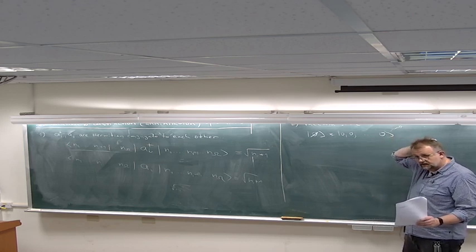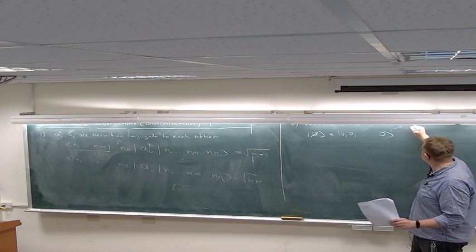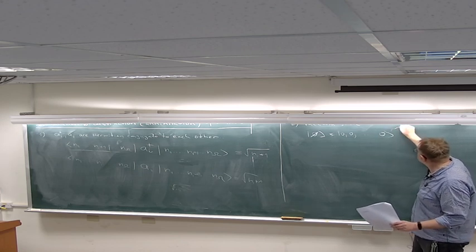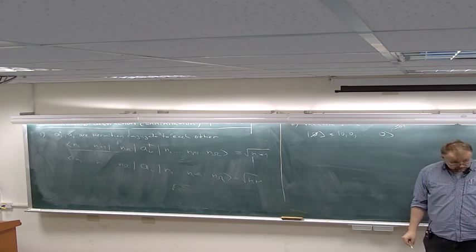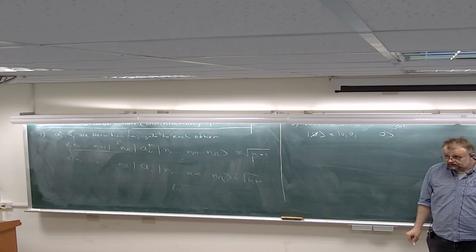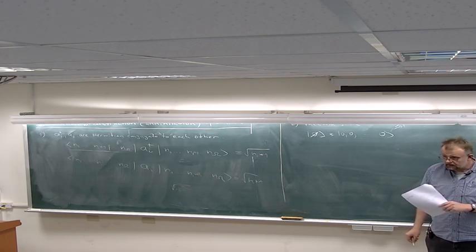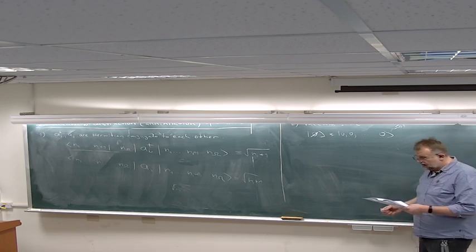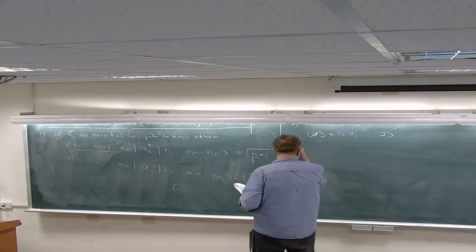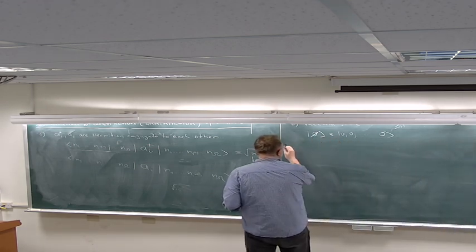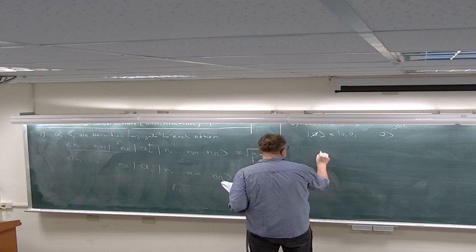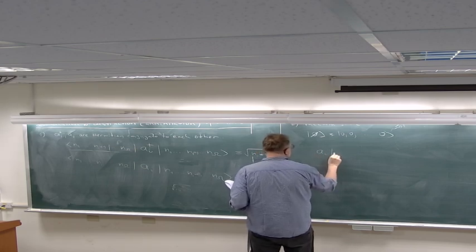I just want to tell you that this thing does not apply to this state. One can write a wave function for it, but it's not given by the prescription in equation heart. Warning. And this state is defined by this property.